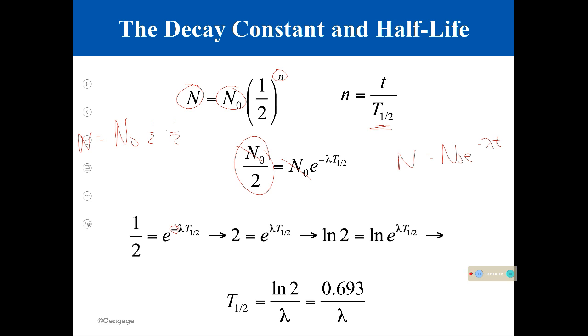And now naturally, to get rid of e, what way do we get rid of e? We put a natural log and then factor out in front. So I'm going to take a natural log of 2 and a natural log of this over here, and then this is going to come out front. So we get this, that the time, the half-life time, is equal to the natural log of 2 divided by this constant.